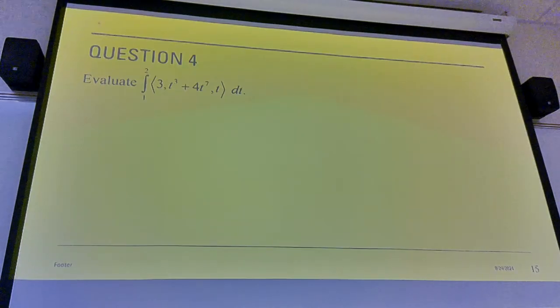Power rule for integration. What else did we have? Partial fractions.